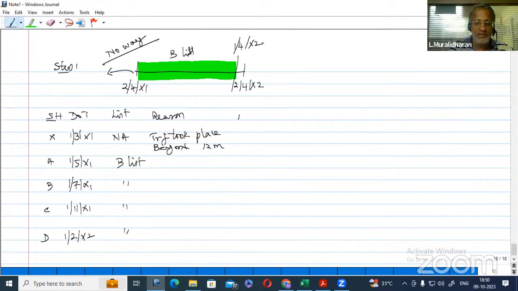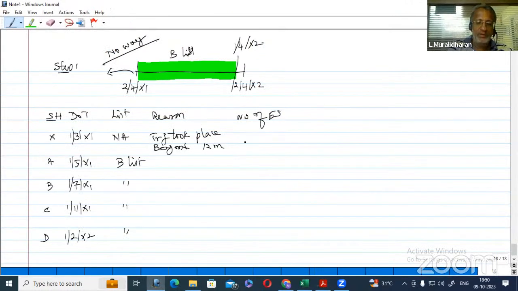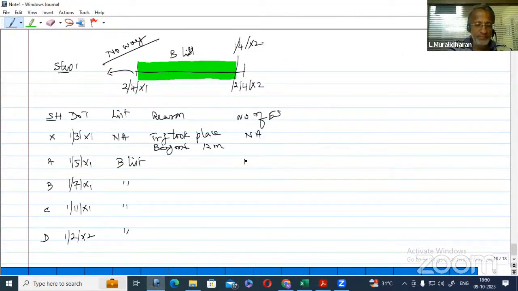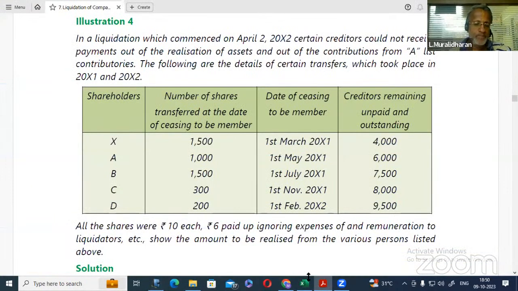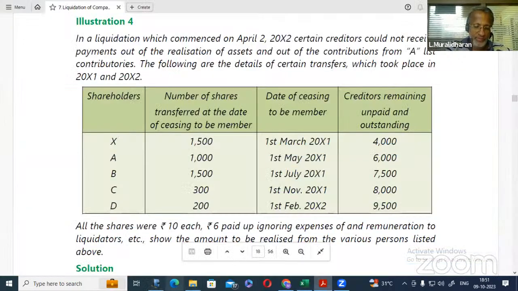Number of equity shares: not applicable, 1,000, 1,500, 300 and 200.